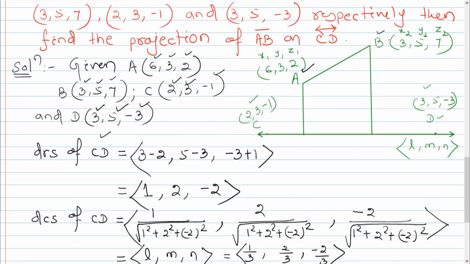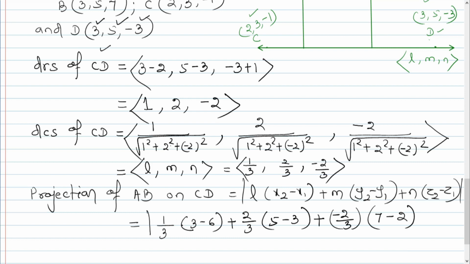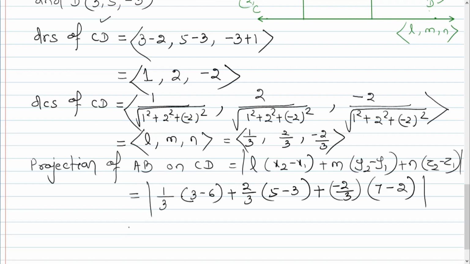So x2 minus x1 means 3 minus 6, 5 minus 3, 7 minus 2. So 1 by 3 into 3 minus 6, plus 2 by 3 into 5 minus 3, plus minus 2 by 3 into 7 minus 2, modulus of this. So that is 1 by 3 into 3 minus 6 which is minus 3, 2 by 3 into 5 minus 3 which is 2, minus 2 by 3 into 7 minus 2 which is 5, modulus of this.